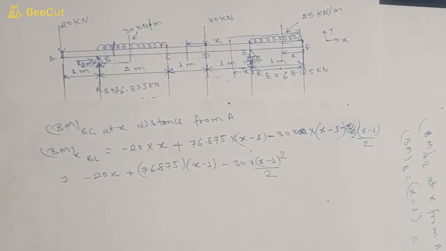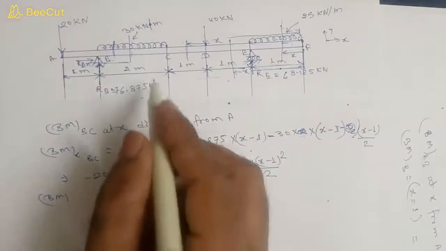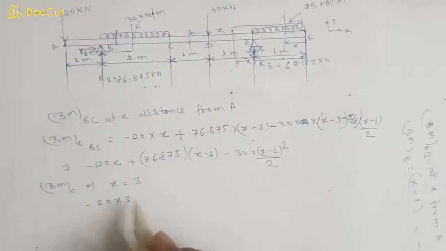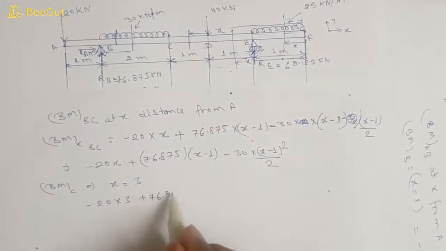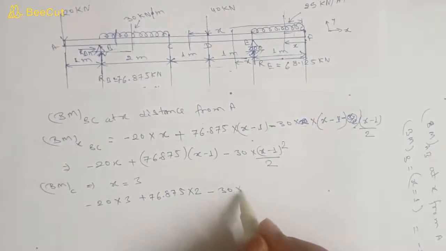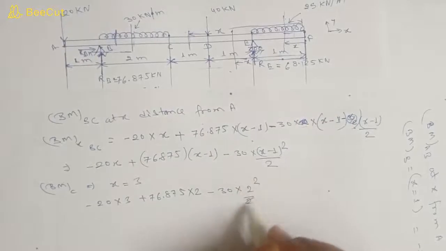Okay, so if you want to calculate the bending moment at C, x is equal to 3. So minus 20 into 3 plus 76.875 into 2 minus 30 into 2 to the power 2 divided by 2.